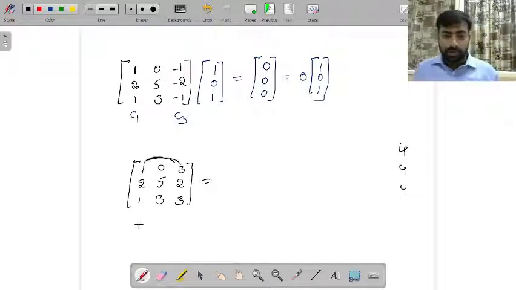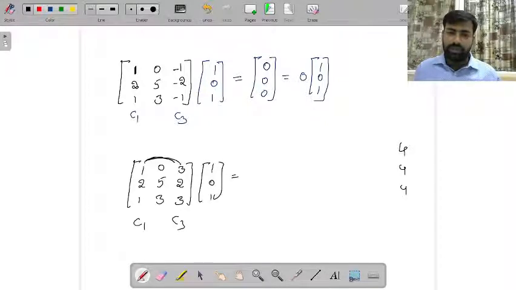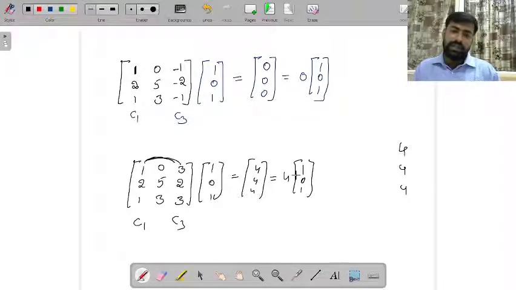So the sum of the first column and the third column is constant, but if you multiply with 1 0 1, you'll get this 4 4 4, but there's no advantage to me. Why? Because I cannot write it as 4 times 1 0 1. It is actually 4 times 1 1 1.